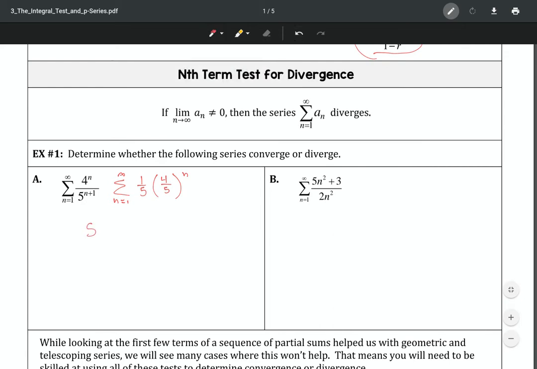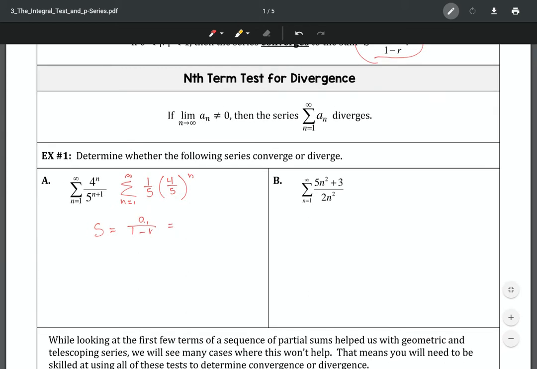All right, so we're going to use that formula that says a1 over 1 minus r, which in this case is going to be 4/5 over 1 minus, the r value is also, oh shoot, I messed up.